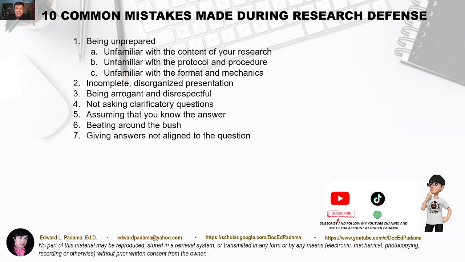Okay, next, number 7. Giving answers not aligned to the question being asked. The question asked was this, and the answer that you gave is not congruent or aligned with the question given. The panel would immediately be able to identify if your answer was the answer that they are expecting, because the panel already has an idea of what should be given in terms of giving answers even before they ask them.